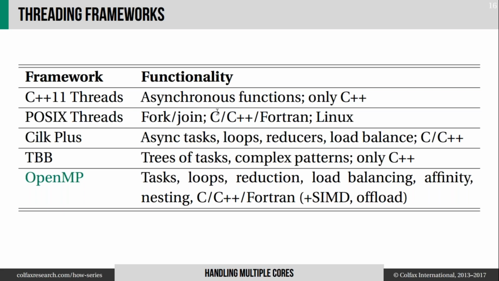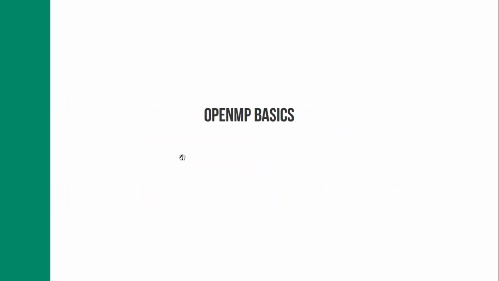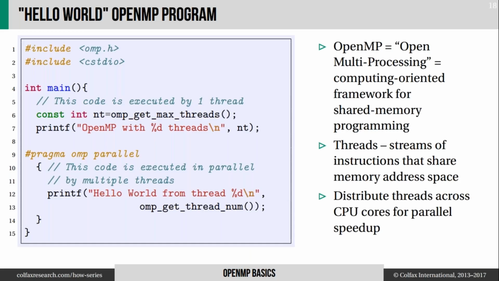Well, let's learn OpenMP. I like to learn by example. So here is the first example for you. This is an OpenMP Hello World program, and it illustrates how OpenMP works.